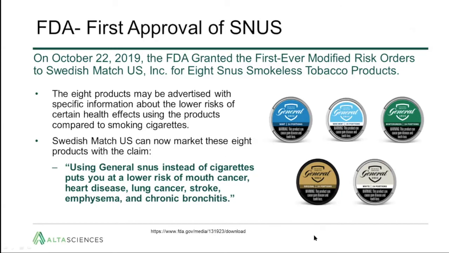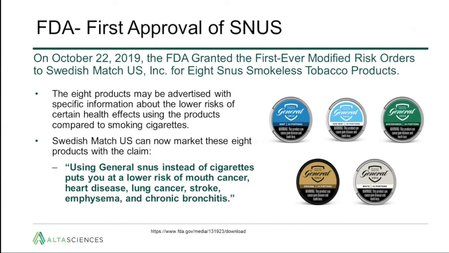FDA also approved the first snus product in 2019. There were 8 products that were deemed, and given allowance, to advertise with specific information about the lower risks of certain health effects using the products compared to smoking cigarettes.